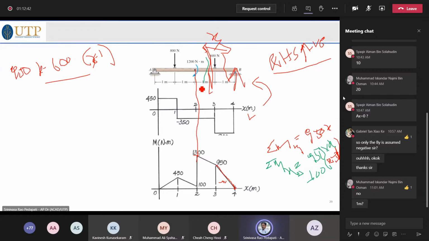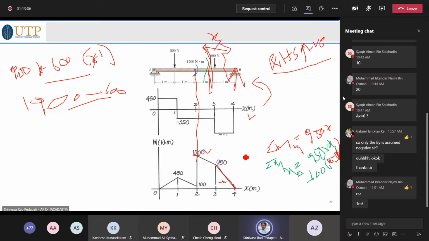The maximum distance is x equal to 2 meters. So if x is equal to 2, what happens? 950 into 2 is 1900, minus 600 times x minus 1. X is equal to 2, minus 1, so 600. 1900 minus 600 is how much? 1300.